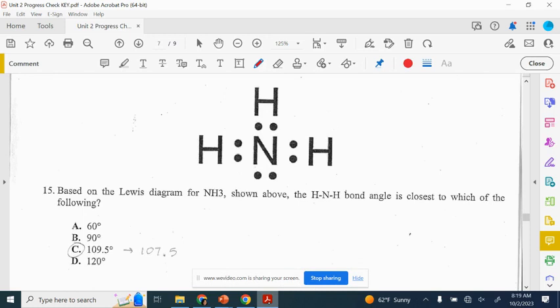So based on this, which one is the angle closest to? Okay, so this angle would be what actually? What have I taught you that this angle would be? 107.5. They're just giving you options here. Which one's the closest there? Right. And they will give you a little wiggle room in your FRQ.